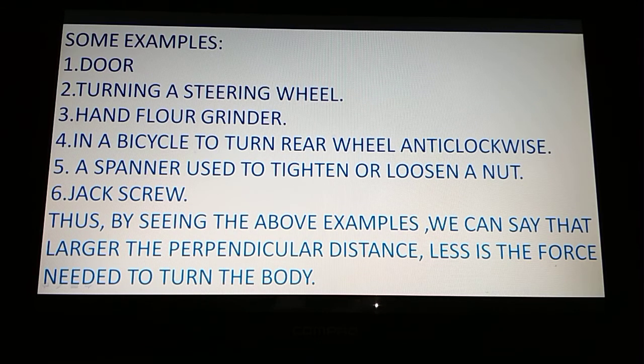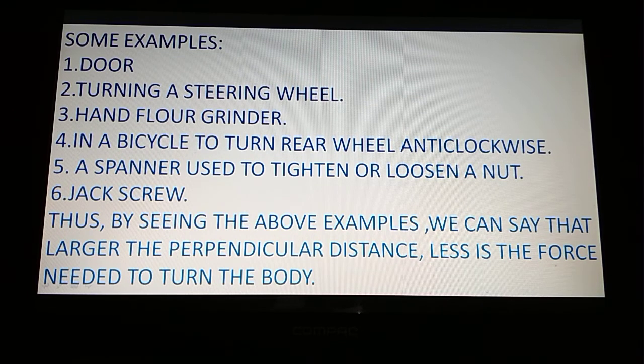Then fifth is a spanner used to tighten or loosen a nut. It is also provided with a long handle, and we hold it at the end and loosen or tighten the nut. So that's why it is also an example. Then sixth is a jack screw. A jack screw is also provided with a long arm.